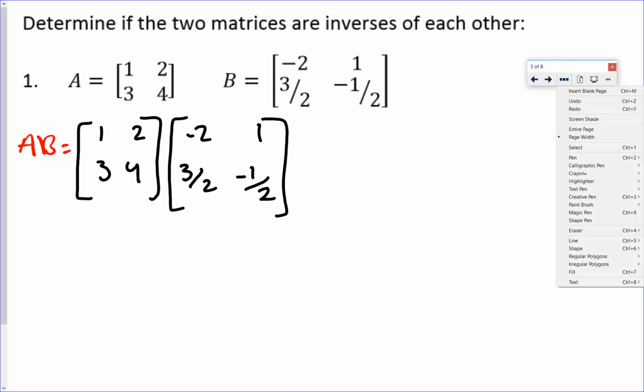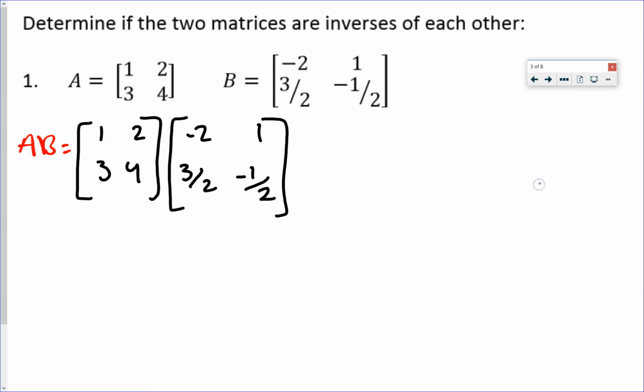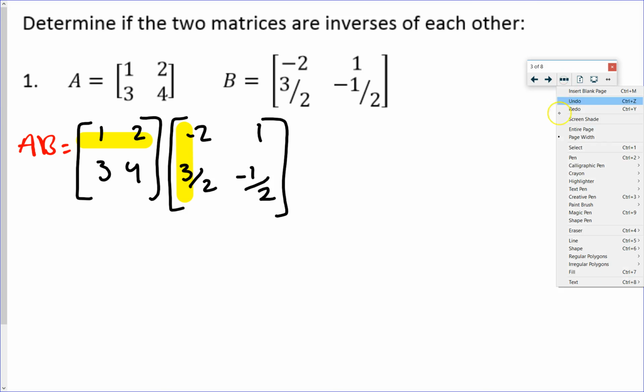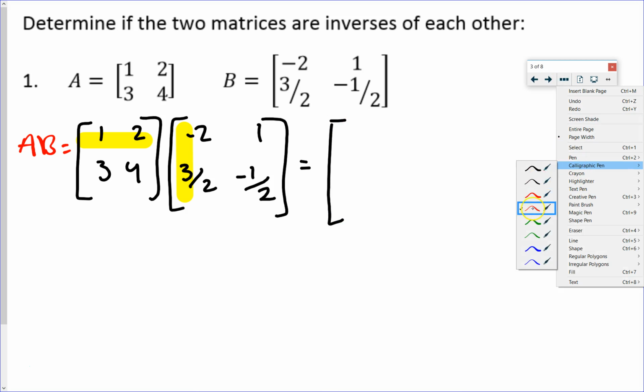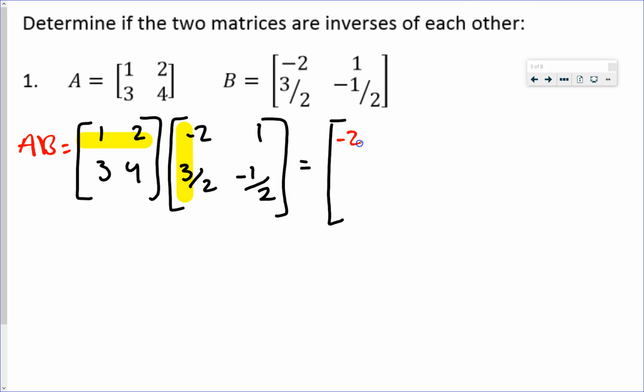All right, so to remember how to multiply, it is first row, first column, right? So when we do that, think about it. What is 1 times -2? All right, what is 2 times 3 halves? It's 3.